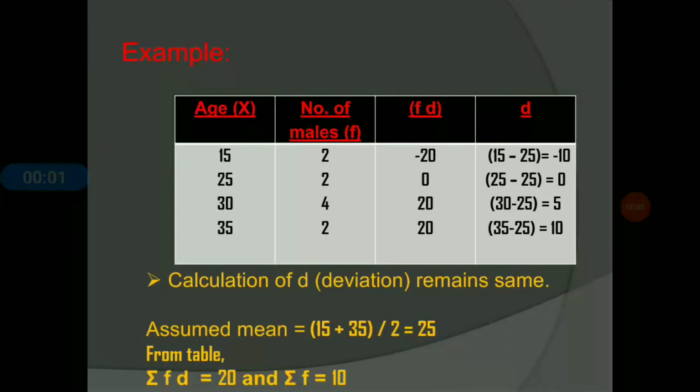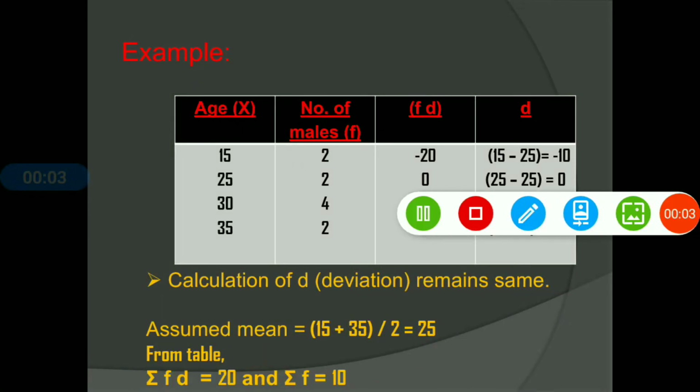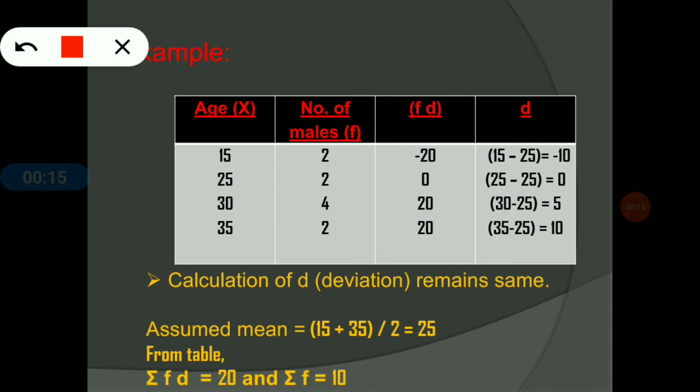So, in this slide we can see an example which is done by the shortcut method. Now going to the table. There are 4 columns. The first one indicates the variable x, the second column indicates the number of mills or frequency.